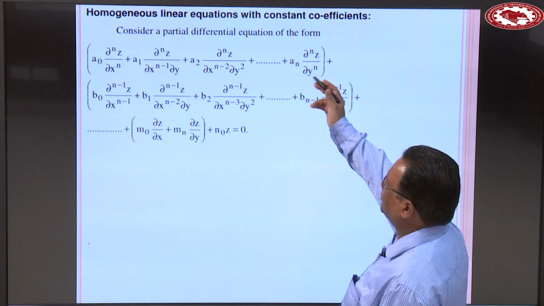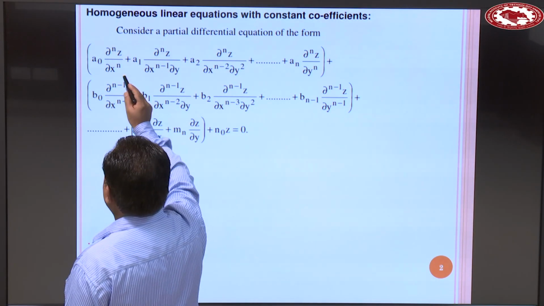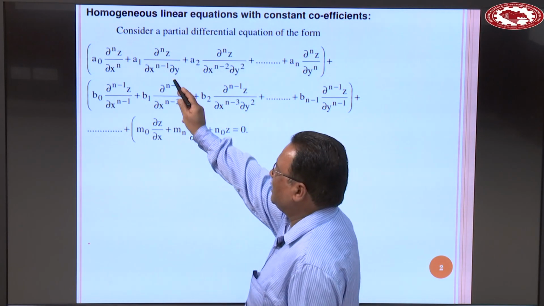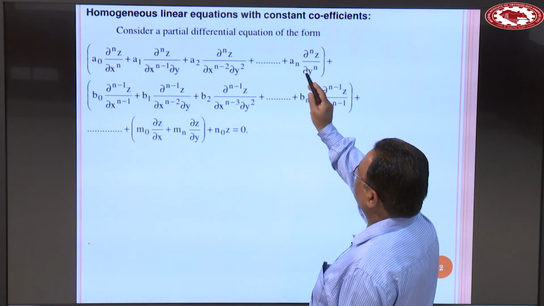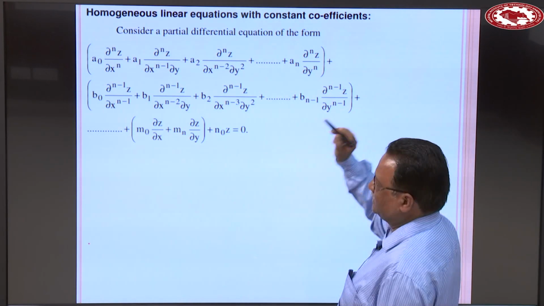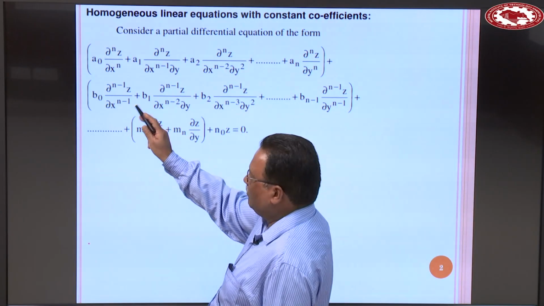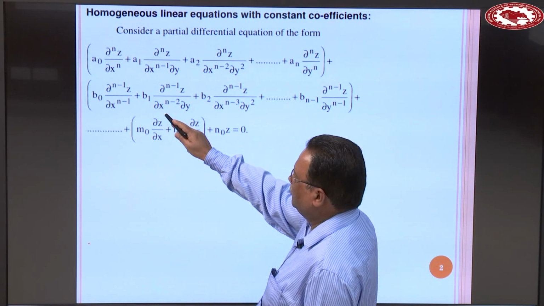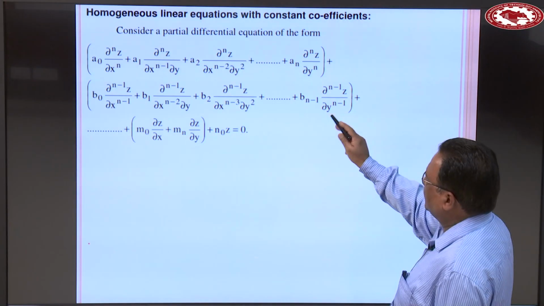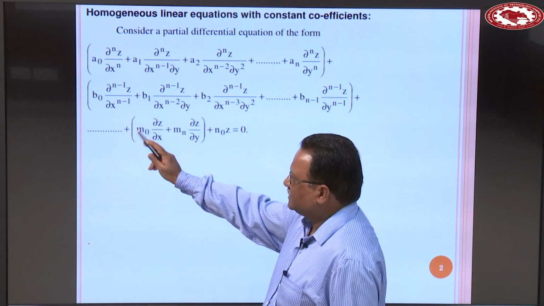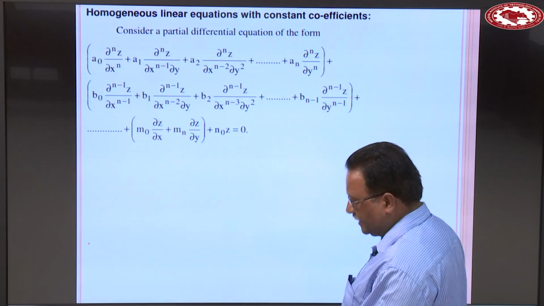So, consider a partial differential equation of this form: a naught ∂ⁿz/∂xⁿ plus a1 ∂ⁿz/∂xⁿ⁻¹∂y plus a2 ∂ⁿz/∂xⁿ⁻²∂y² plus, and so on, an ∂ⁿz/∂yⁿ, plus b naught ∂ⁿ⁻¹z/∂xⁿ⁻¹ plus b1 ∂ⁿ⁻¹z/∂xⁿ⁻²∂y and so on, plus bn−1 ∂ⁿ⁻¹z/∂yⁿ⁻¹, plus and so on, second last term m naught ∂z/∂x plus mn ∂z/∂y plus n naught z is equal to 0.